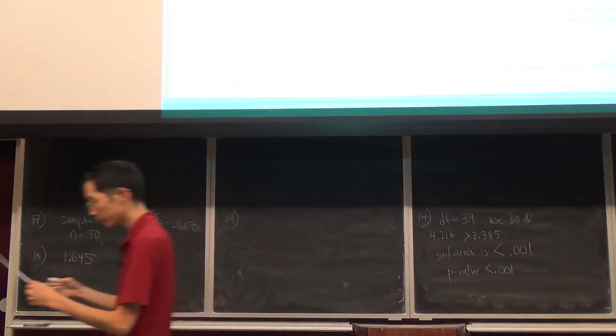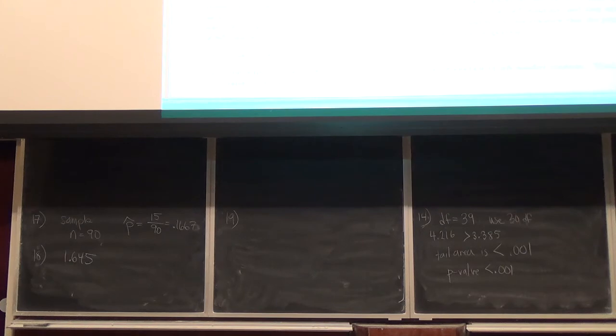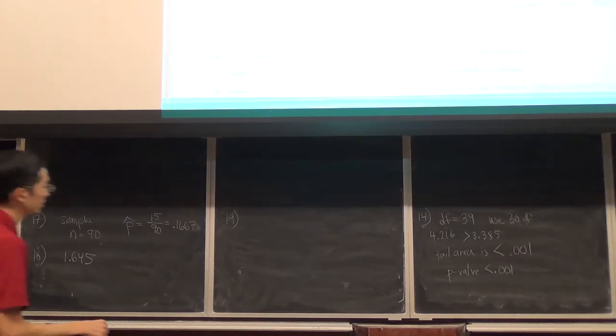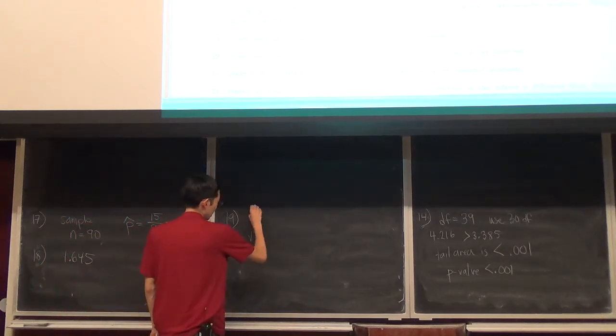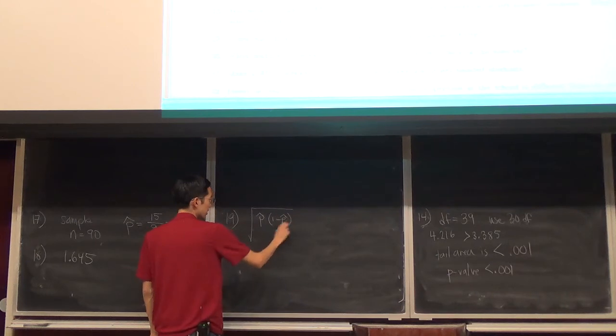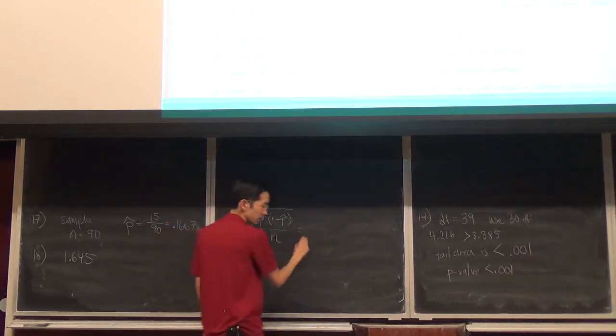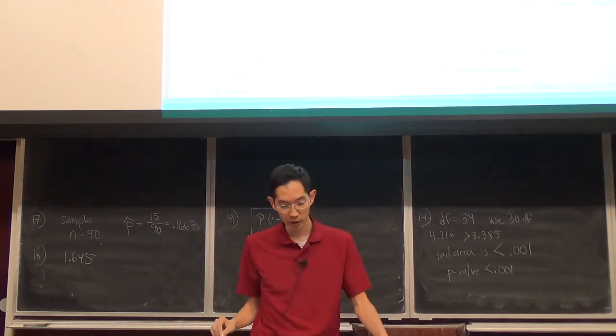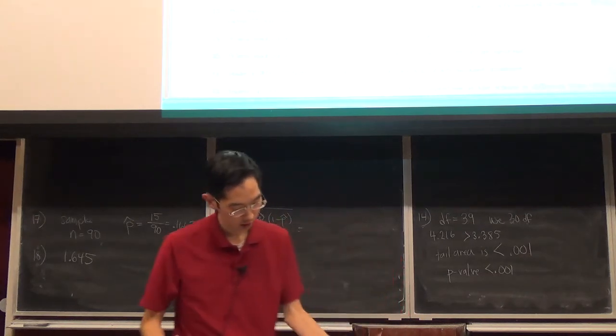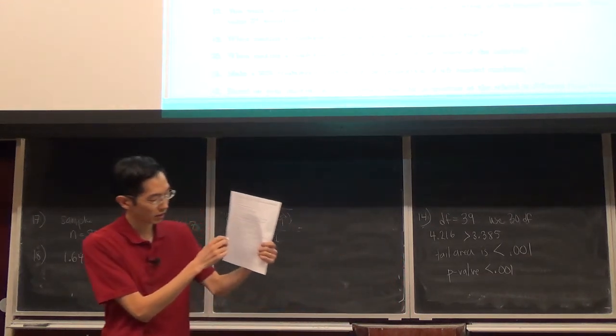Number 19 asks, what is the standard error? It's going to be the square root of p hat times 1 minus p hat over n. Again, you can always look at your study guide and it says, what is the standard error?